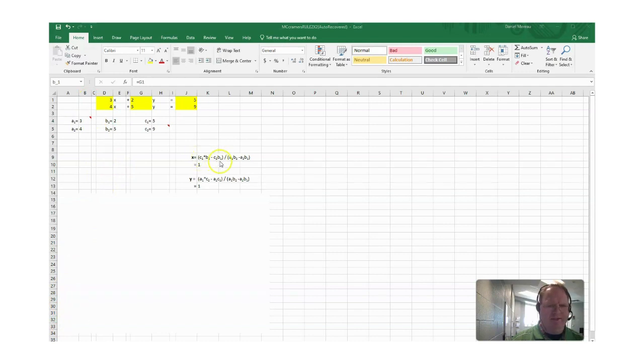I merely wrote down how the numbers related to complete Cramer's rule. But this cell is based on the calculations. The formula for that cell, you will notice that I've named each one of the individual cells.